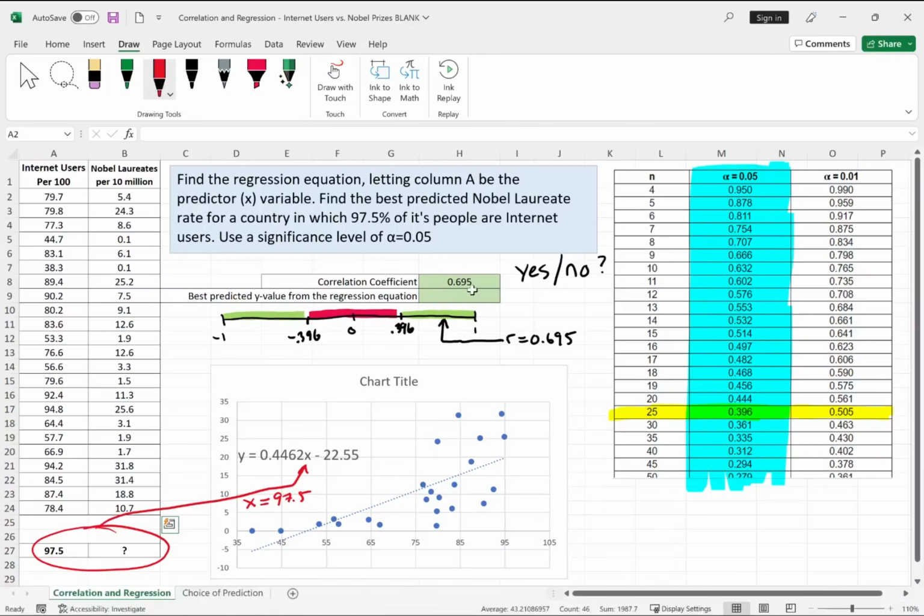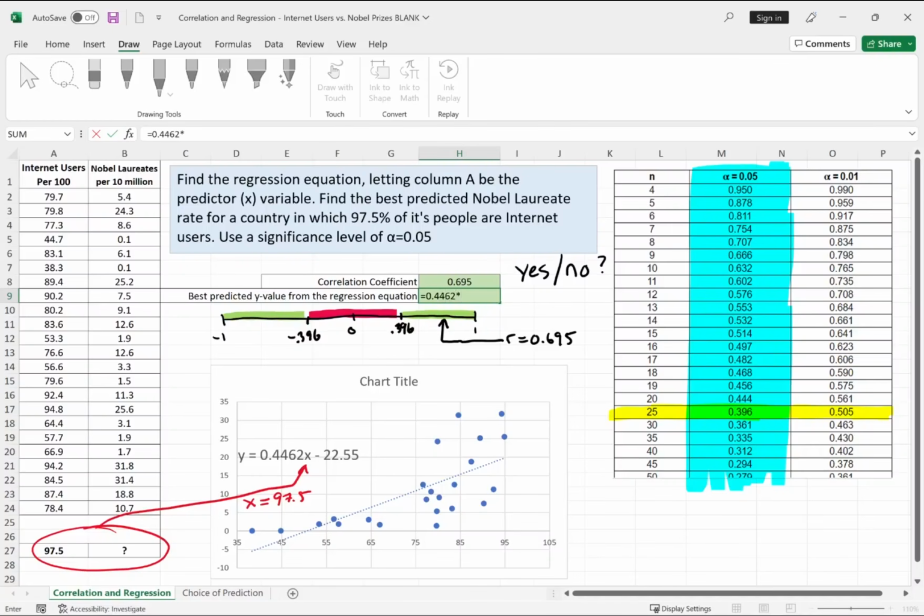And I'll type that in directly into this cell right here. So equal, remember, if Excel is going to do a calculation, we need to start with an equal sign, equal. And I'm just going to type in exactly this regression equation, except instead of the x, I'm going to insert the number 97.5.